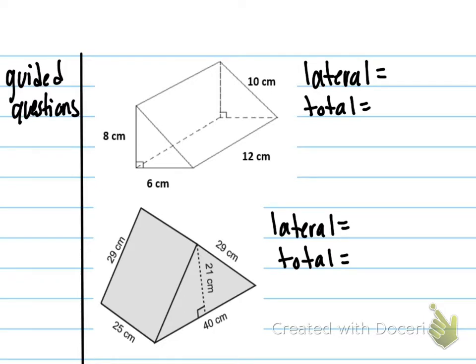For the lateral surface area, you should have gotten 288 centimeters squared. And for the total, you should have gotten 336 centimeters squared.